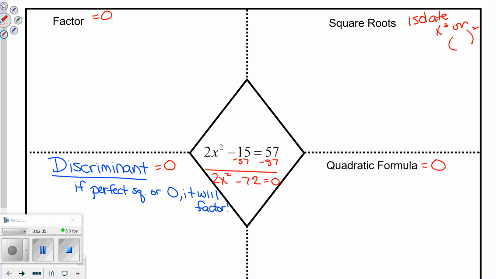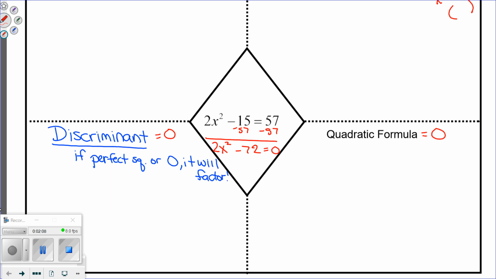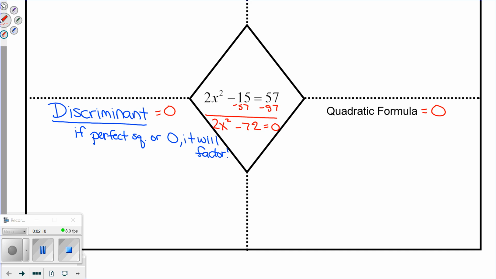All right, so let's go ahead and figure out the discriminant. Dylan said something about plugging things in. Plugging into what? What's the formula for your discriminant? Good. It's the part that's under the radical in your quadratic formula. So that's the discriminant.